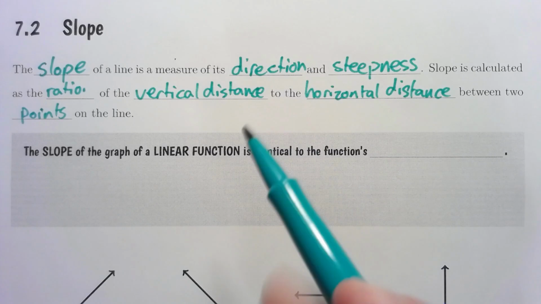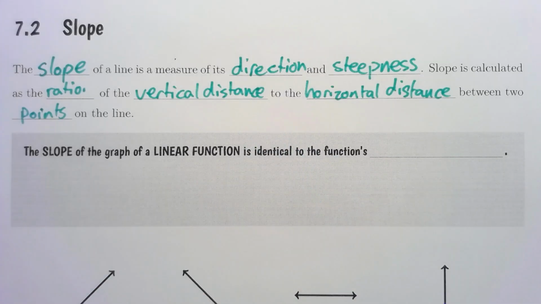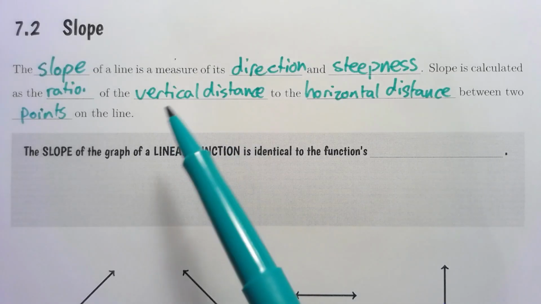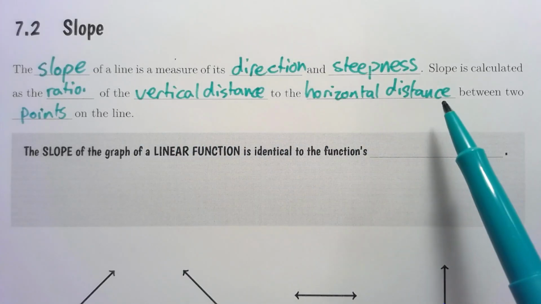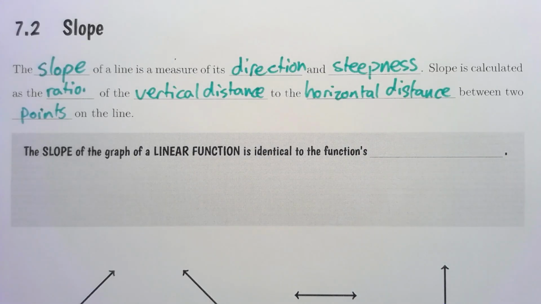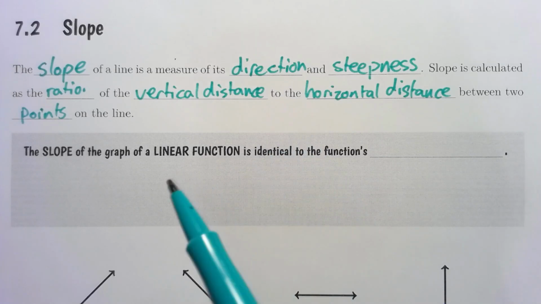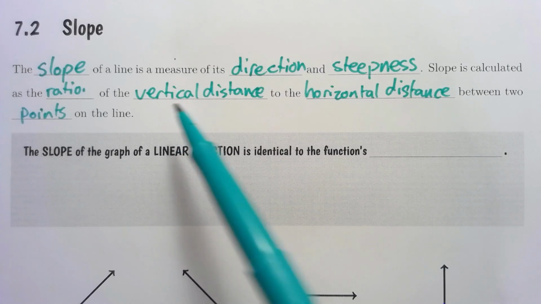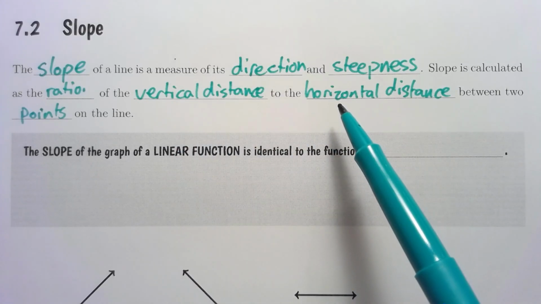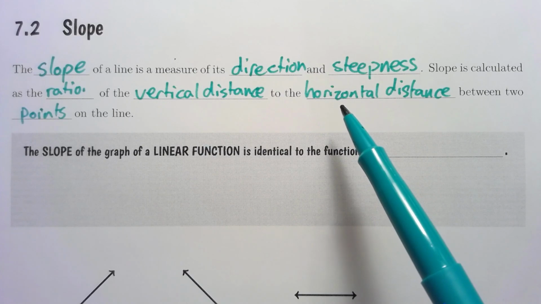Now, when we say distance, what we really mean is a change in position. So this is really the change in the vertical position and a change in the horizontal position. But on a graph, those positions have actual meanings. Vertical position represents the output of the function, and horizontal position represents the input of the function.